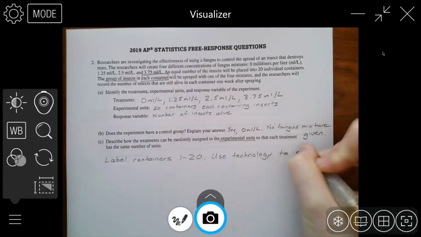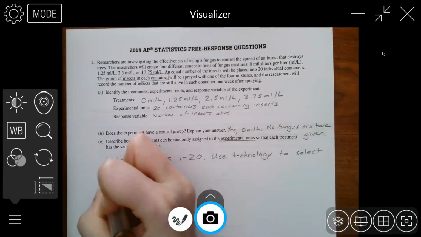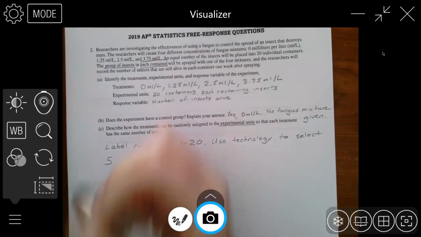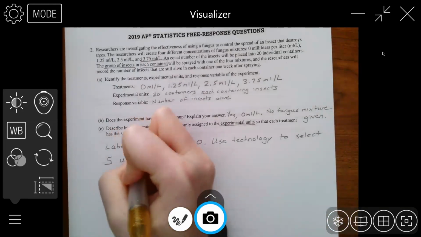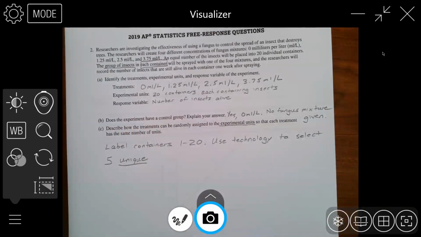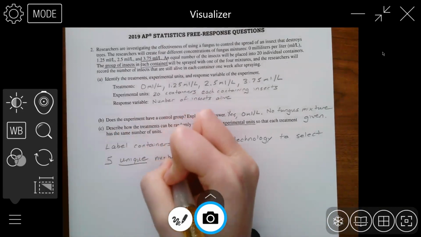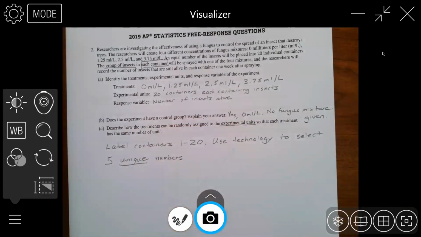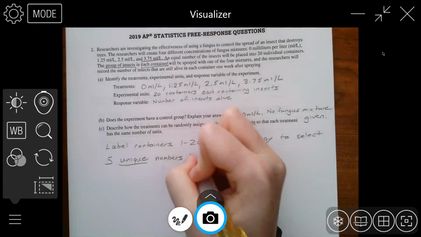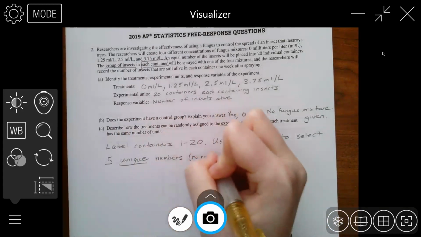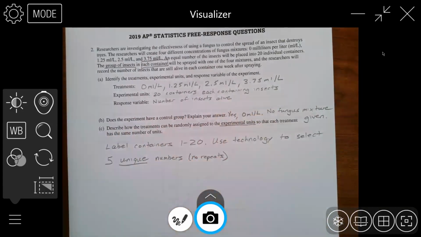to select 5. Now we want to say, right, unique, because we don't have those repeats, okay, unique numbers. And just to cover our bases, we could even re-emphasize again, no repeats. Okay, just to be kind of OCD about it, we've got it in there, right?